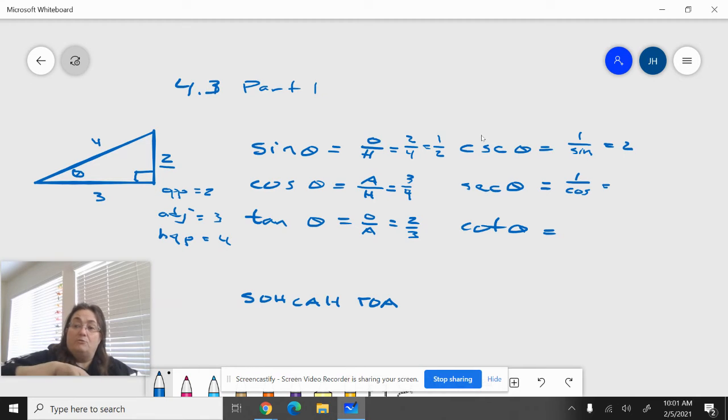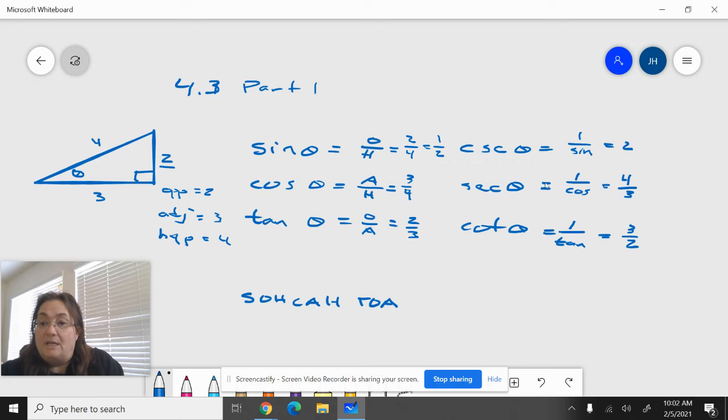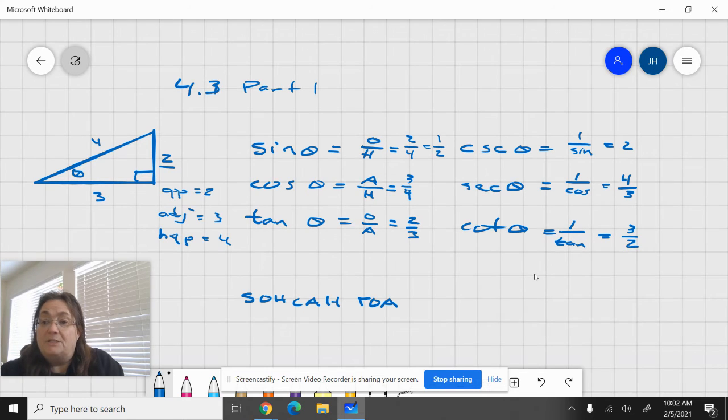And when we go to solve that, it would wind up just being 4/3. So we could think of it as just flipping over the fraction, or we could do the math on it. Cotangent is the inverse of tangent, which is just 3/2. And that's how you're going to find the exact values of your 6 trig functions.